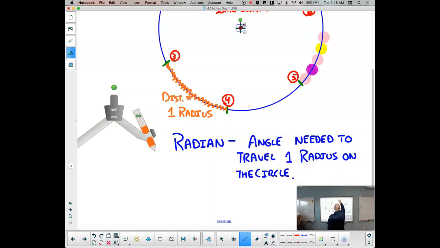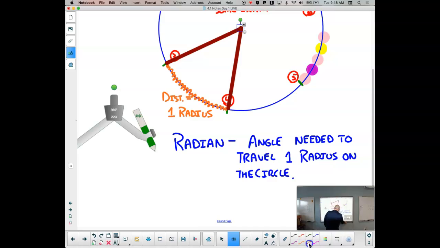Which means then that this angle right here, that angle is 1 radian. That angle right there is 1 radian.